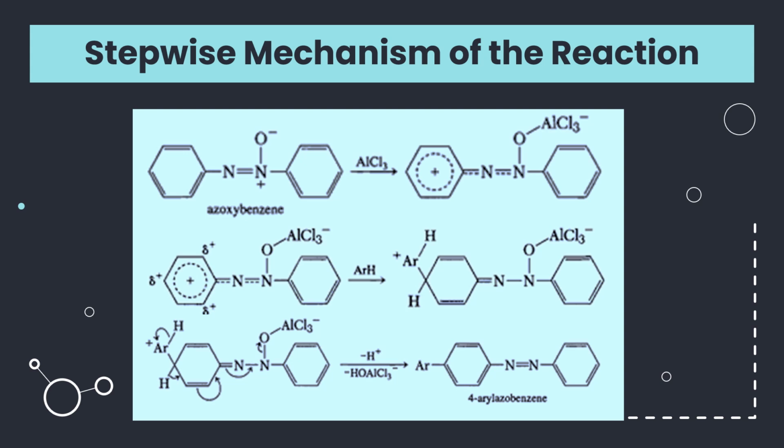The arenium ion loses a proton H+ to restore aromaticity, and the aromatic system is re-established, resulting in the formation of a substituted product. And finally, the aluminum chloride complex is regenerated as the reaction proceeds, so it can continue to catalyze further reactions. And here in this diagram, you can easily see the three main steps of our experiment.